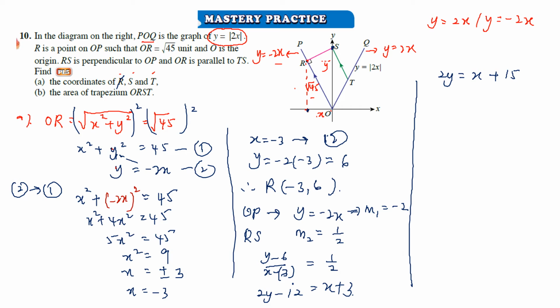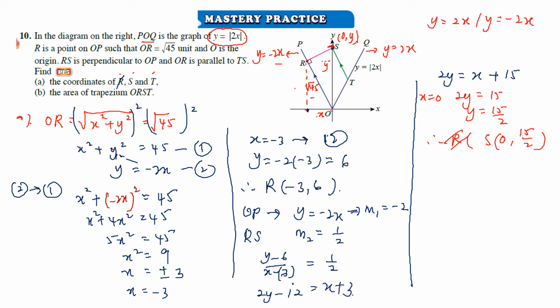We are asked to find the coordinates of S. So the coordinates of S take x equals 0, and we want to find the value of y. When x equals 0, 2y equals 15, so y will be 15 over 2. So we obtain the coordinates of S: 0 and 15 over 2.